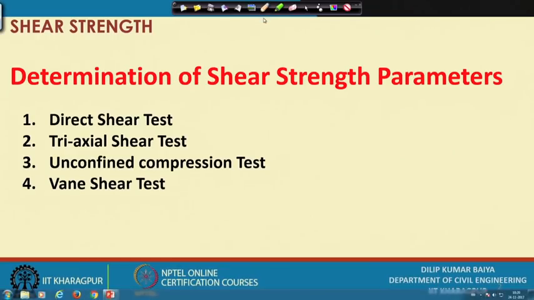Now, I will try to show what are the different tests available for determining the shear strength of the soil. Popularly in soil mechanics, one is the direct shear test, and the name is very clear. We prepare a soil sample and we give a predefined shear plane. The soil will be in two halves in a box, and the middle part of the box is not connected.